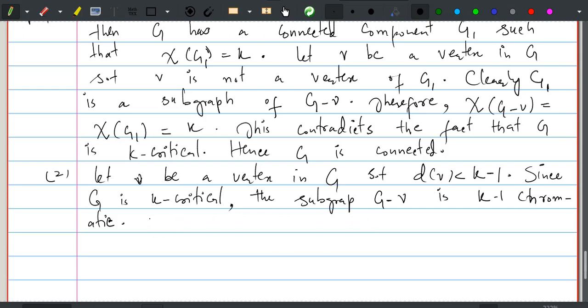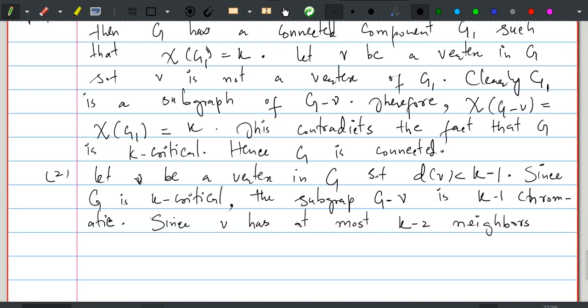So since v has at most k minus 2 neighbors, now one can note here the degree of vertex v is less than k minus 1, or the degree of v is less or equal to k minus 2.